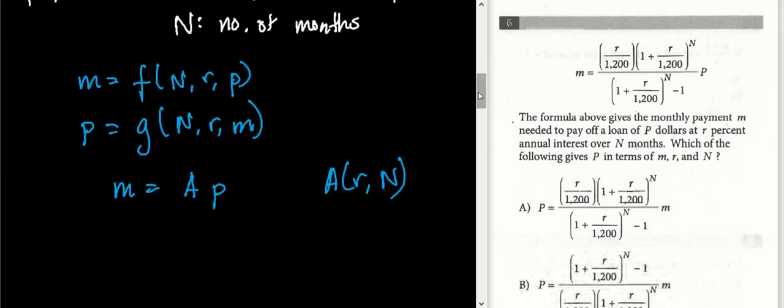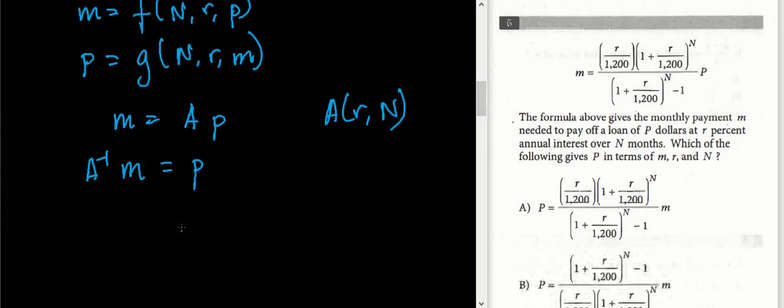So now if we want to solve for P, we can simply say P is equal to A inverse times M, or equivalently, P equals M over A. So all we have to do is find the answer choice that follows this form.